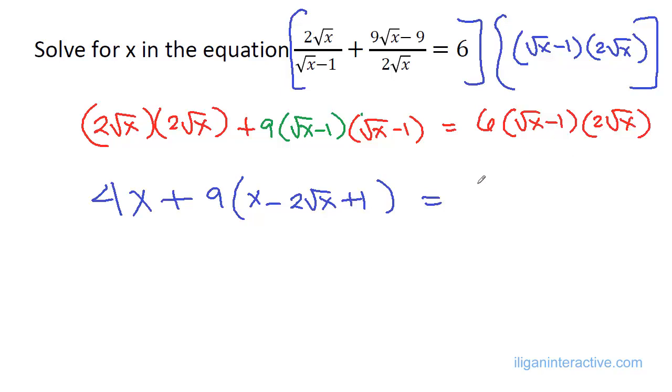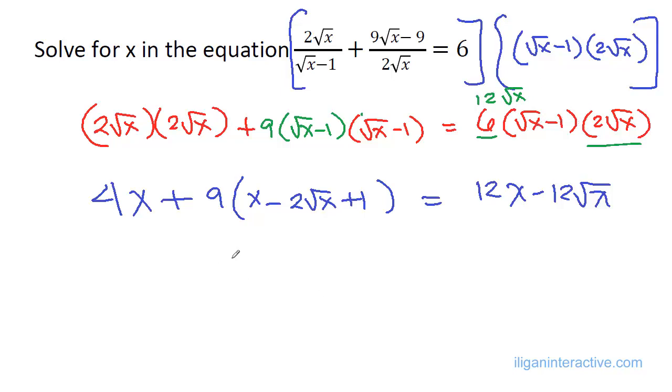So this will be 12 times square root of x times square root of x, which is 12x. And then 12 square root of x times negative 1 will just be negative 12 square root of x. Again, it is good to treat 6 times 2 square root of x as one whole, meaning treat that first as 12 square root of x, and you simply multiply that to this and to this one.